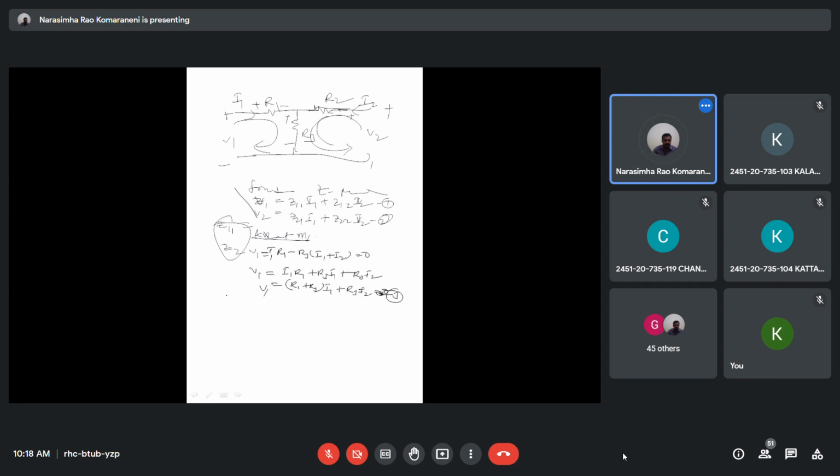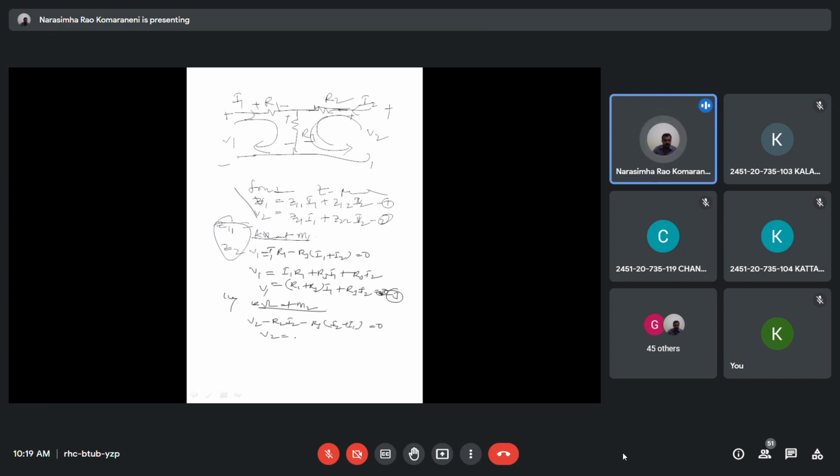Similarly, KVL at mesh 2: V2 minus R2 I2 minus R3 of I2 plus I1 is equal to 0.